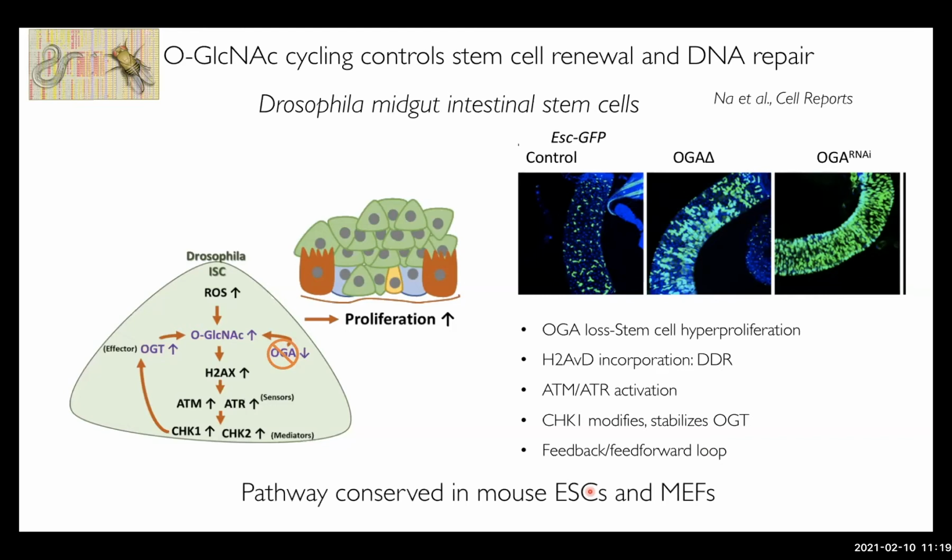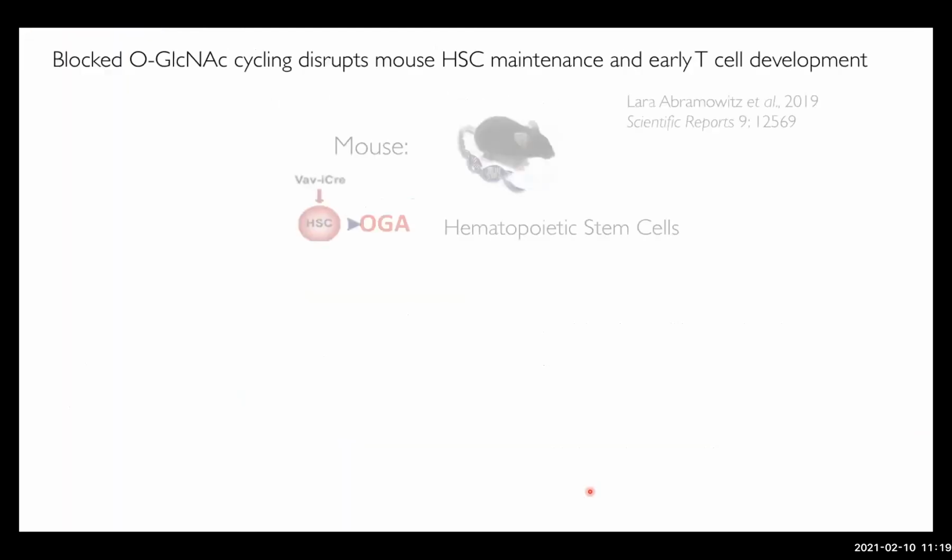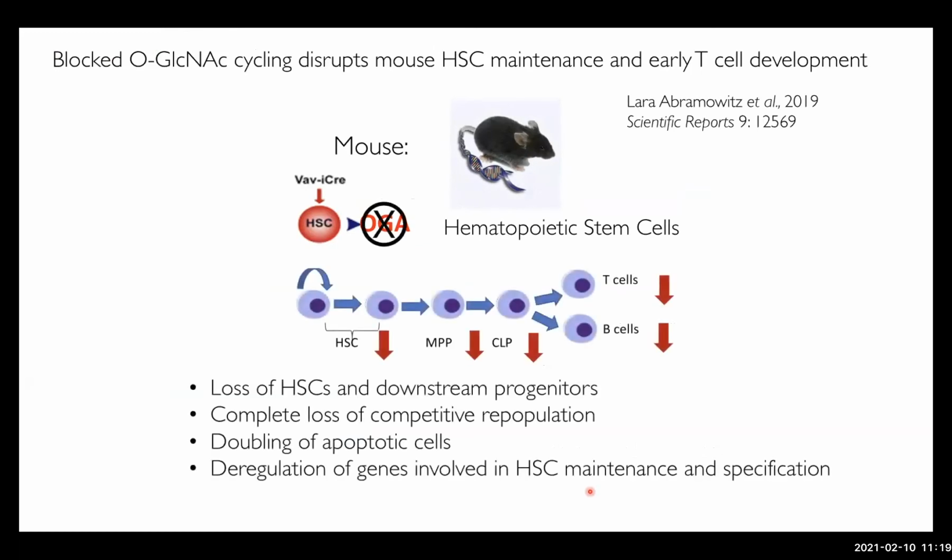So we showed that this pathway was also conserved in mouse embryonic stem cells and MEFs. When we looked at a specific lineage in the mouse, a popular one to examine, which is the hematopoietic stem cell lineage, OGA had a very similar phenotype. That is, we got complete loss of hematopoietic stem cells and downstream progenitors.